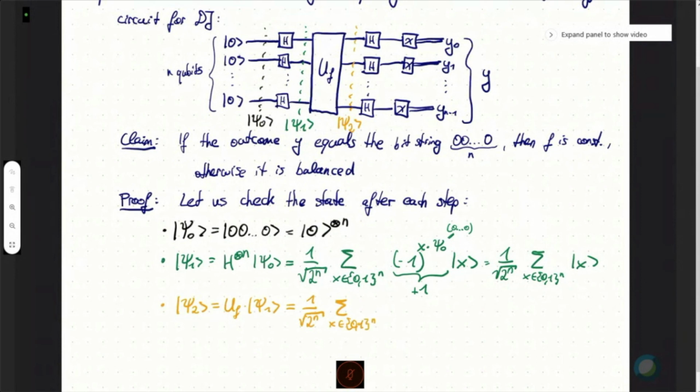Just as we had it at the end of psi 1, we write the sum over all bit strings, but then U_f times x. And now U_f applied on x, we learned that's a phase oracle, and it will give us (-1) to the power f of x times x.